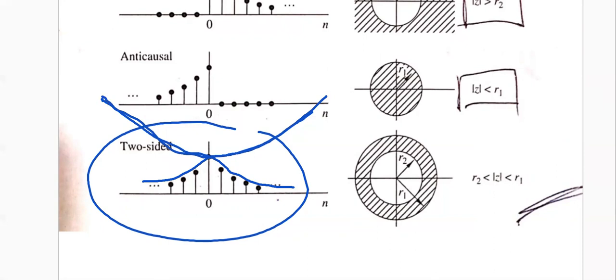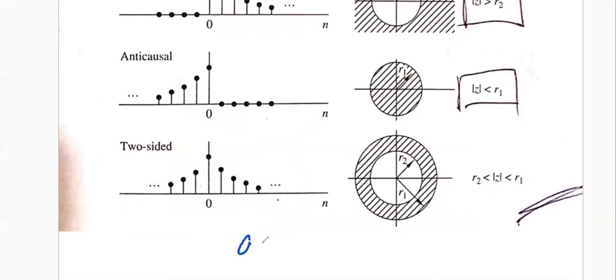So there is a consideration that for a two-sided sequence, it should be stable on both sides. But for any other cases, even if it is unstable, you can do the Fourier transform. That is an exceptional case.